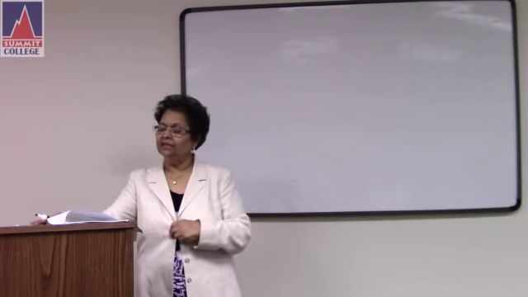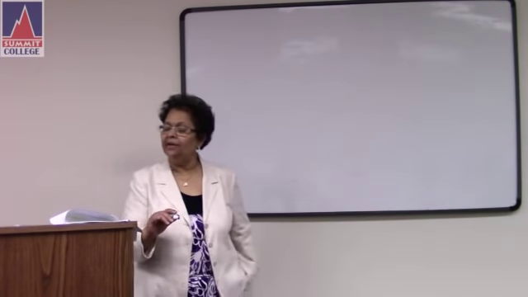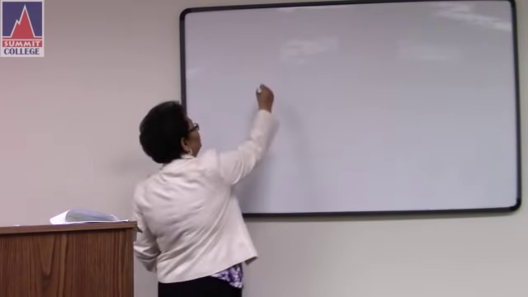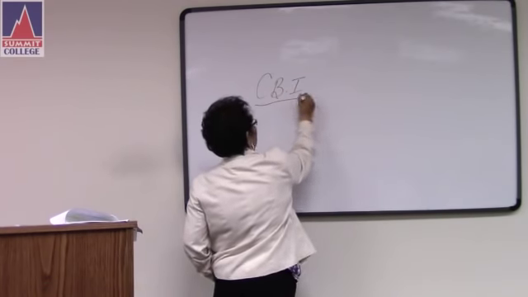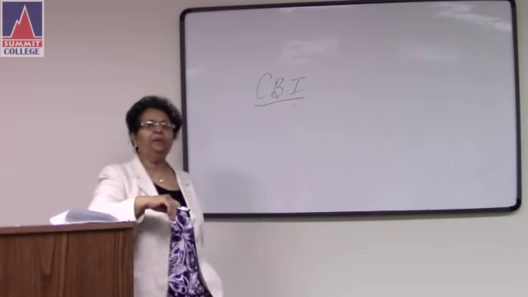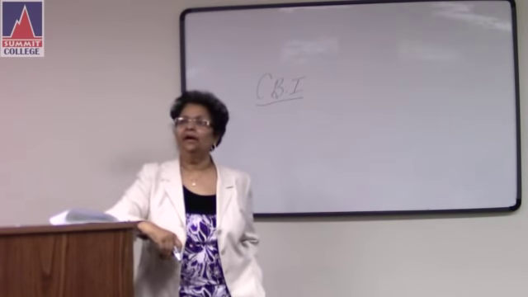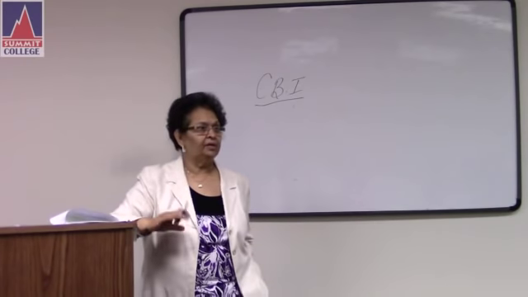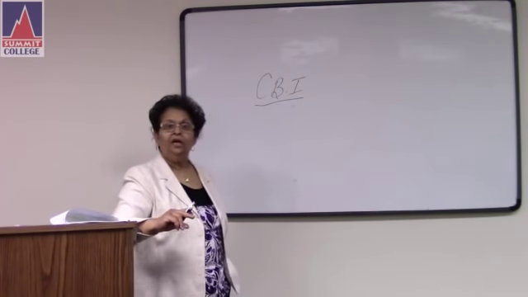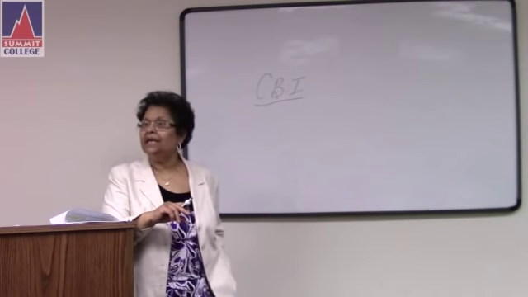Now, next is continuous bladder irrigation. Which patient do we do continuous bladder irrigation on? A patient with TURP. You all know that. What is TURP? Removing the prostate gland.